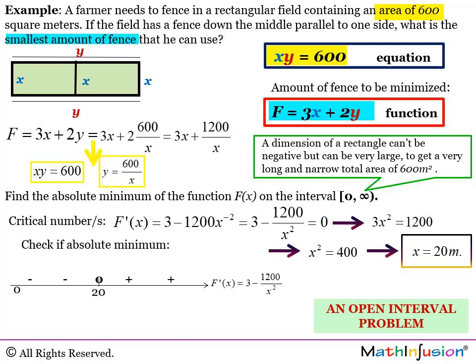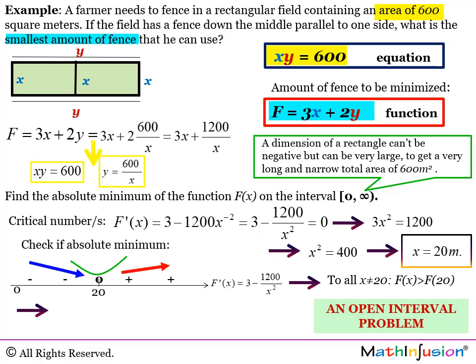And then at 30 you will get that the derivative is positive, so the function is increasing there. So what is the shape of the graph on the interval 0 to infinity? It's this. So I can definitely see that for any x which is not 20, the value of the function is more than f of 20. It means that f of 20 is the minimum.